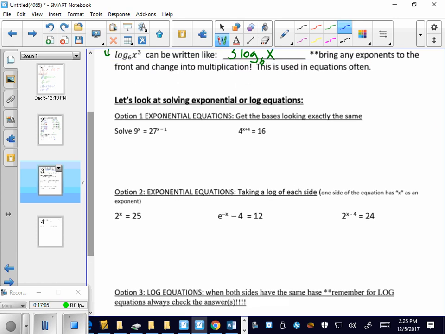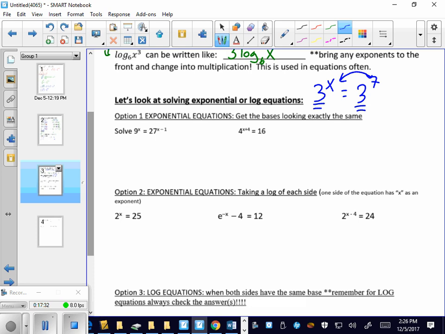If I know that I have 3 to the x, and that equals 3 to the 7th power, it should hopefully be very intuitive that x has to be 7. Because the only way that 3 to the x is going to equal 3 to the 7th is if these two exponents are equal to each other. So we can say that because the bases here are identical.